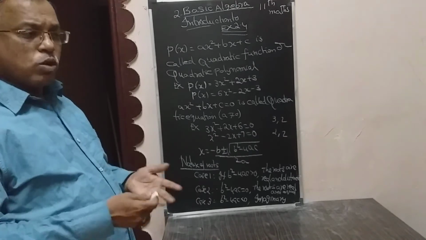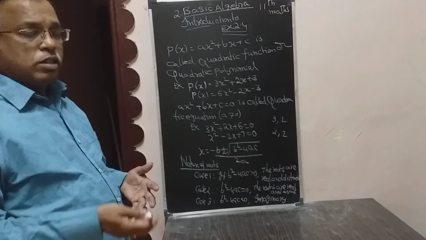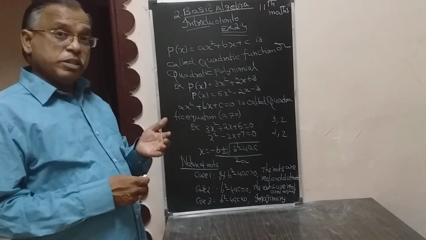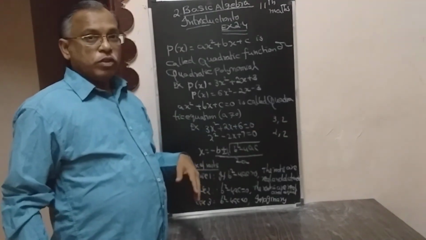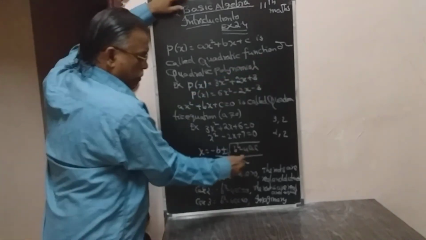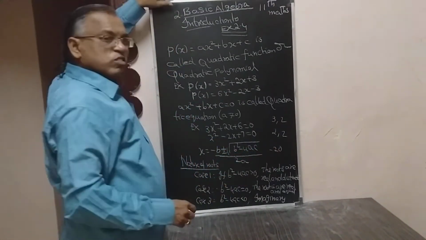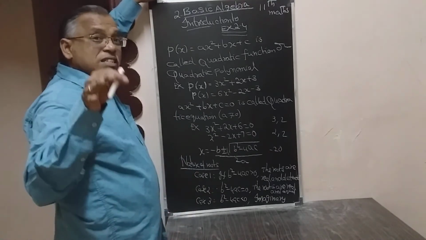Real and equal means 2 comma 2, 1 comma 1, 4 comma 4. Like that it will come. Real and unequal or real and distinct means like this, 3 comma 2. Suppose you got this value as negative, for example minus 20. So the roots are not real, they are imaginary.